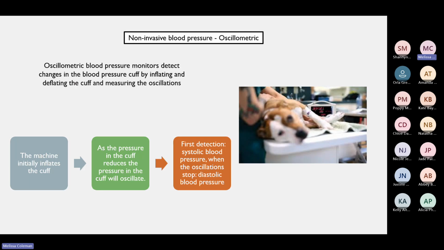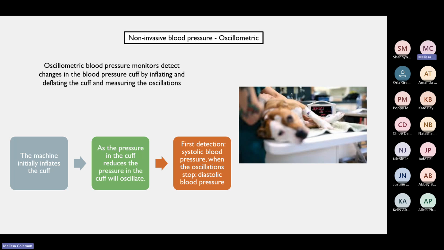So we'll move on to our oscillometric. The oscillometric monitors work by inflating and deflating the cuff and detecting oscillations within the cuff as the blood flows through the arteries. These machines can estimate systolic, diastolic and mean pressures using algorithms. The machine initially inflates the cuff to a pressure which exceeds systolic arterial pressure.